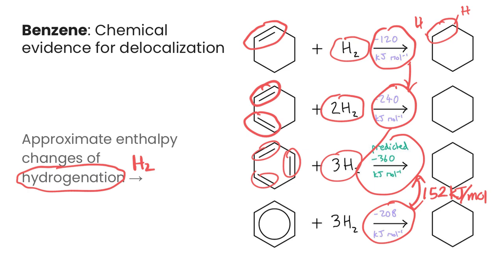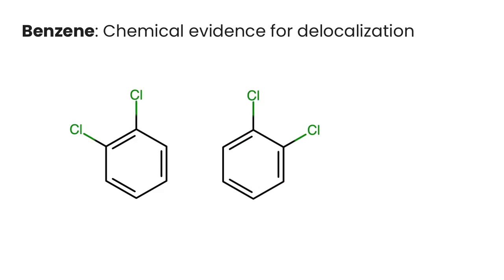That's because we have reduced repulsion compared to electrons in fixed bonding positions. So because of this difference in energy, it shows us that benzene is more stable, and so it's not going to take as much energy to do this particular reaction.